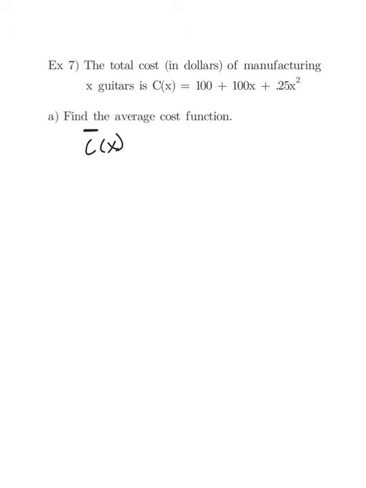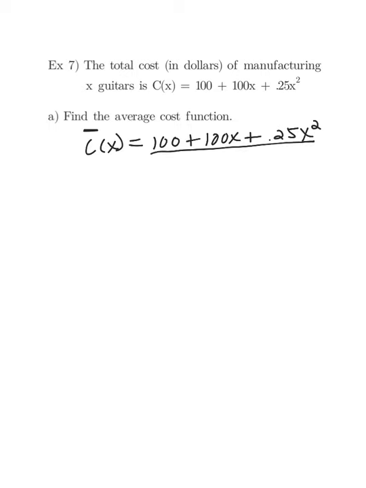If you think about how you find an average, you take your total number of items and divide by how many items there were. So to find average cost, we need to take our total cost, which is this function we were given, 100 plus 100x plus 0.25 x squared, and divide it by how many items, which is being represented by x.